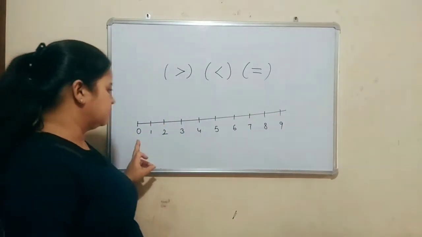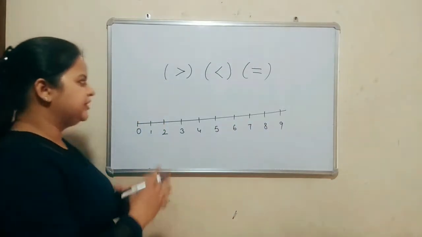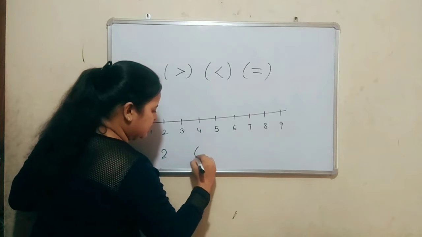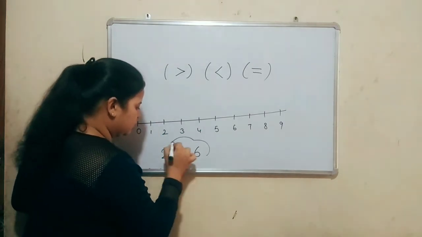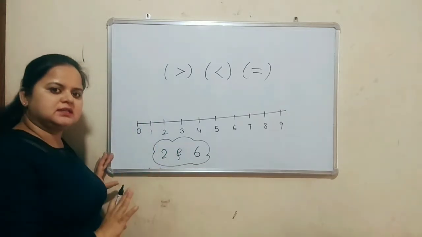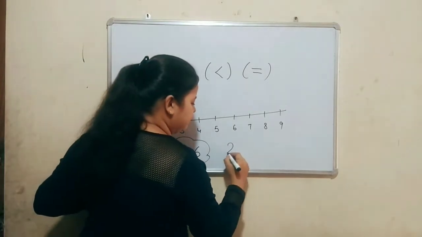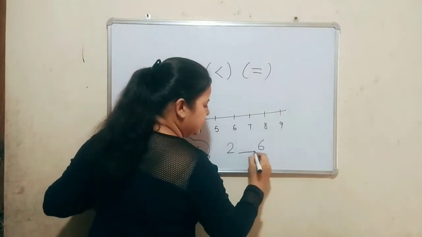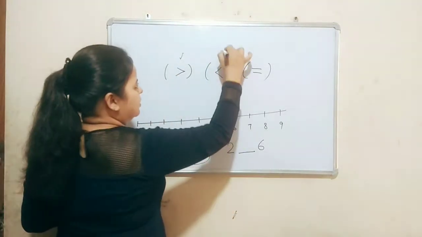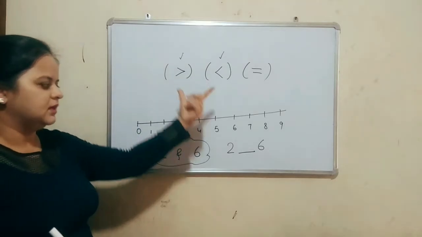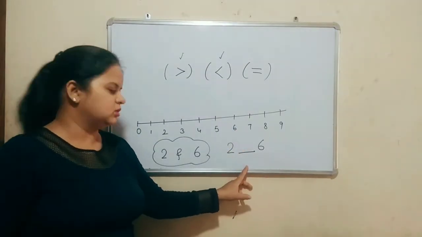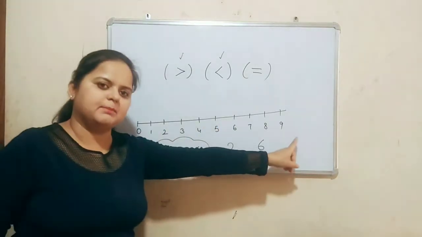Here is a number line from number 0 to 9, and we have to compare two numbers, that are 2 and 6. हमने इन दोनों numbers में comparison करना है कि which is greater and which is smaller number. So we have number 2 and 6, and here we have a blank. Here we have to put the sign from these or these. इन दोनों signs में से कौन सा sign यहाँ आएगा, कैसे आएगा? So we have to find that out with this number line.